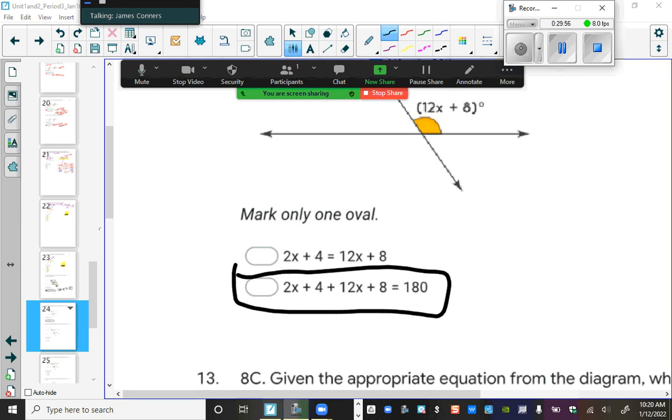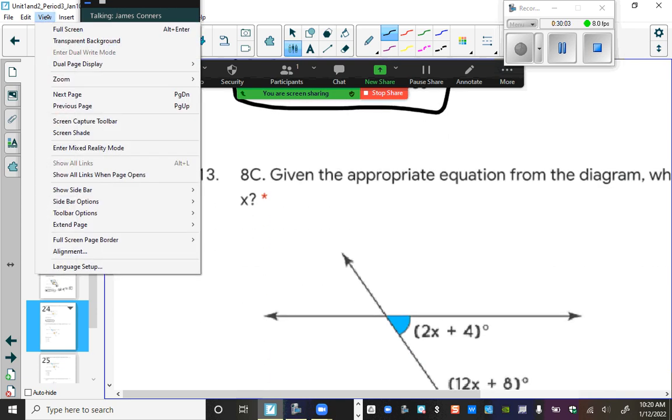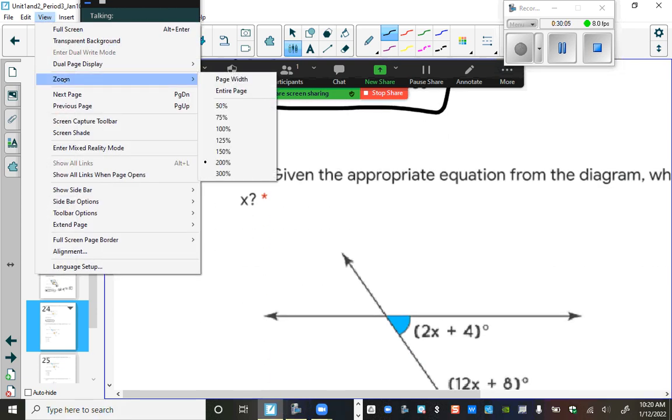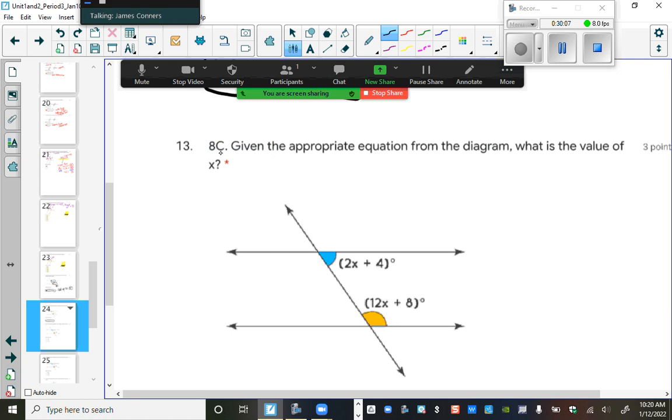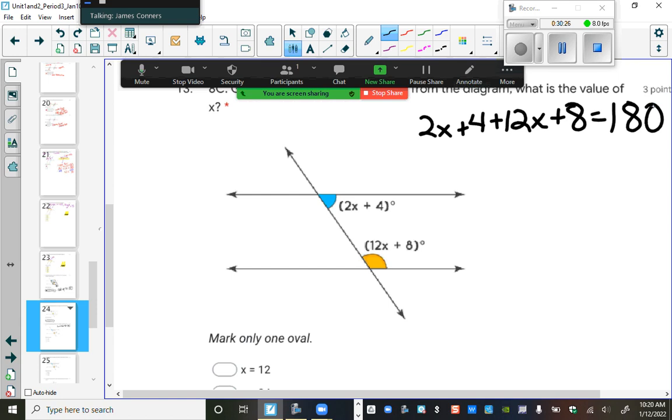Okay, so the value of x we all said was 12. Make sure. This is for anybody who's not sure why. Well, this is your setup. Notice our x's are on the same side.